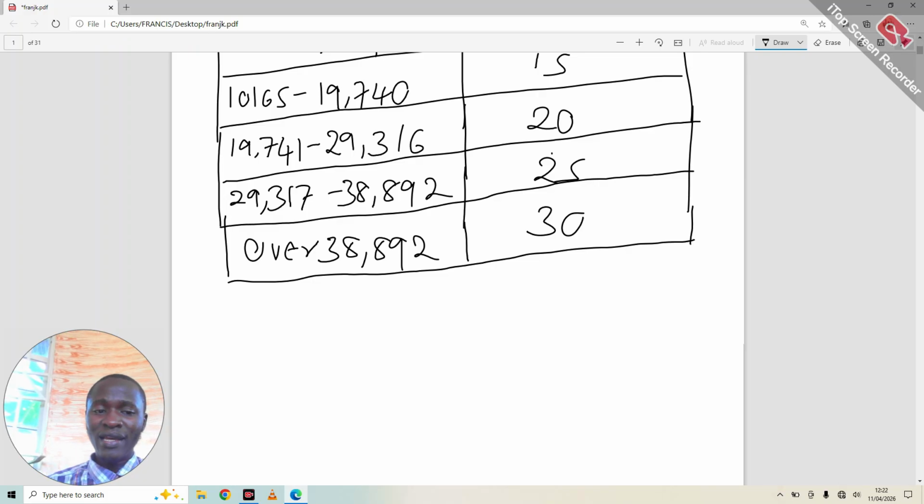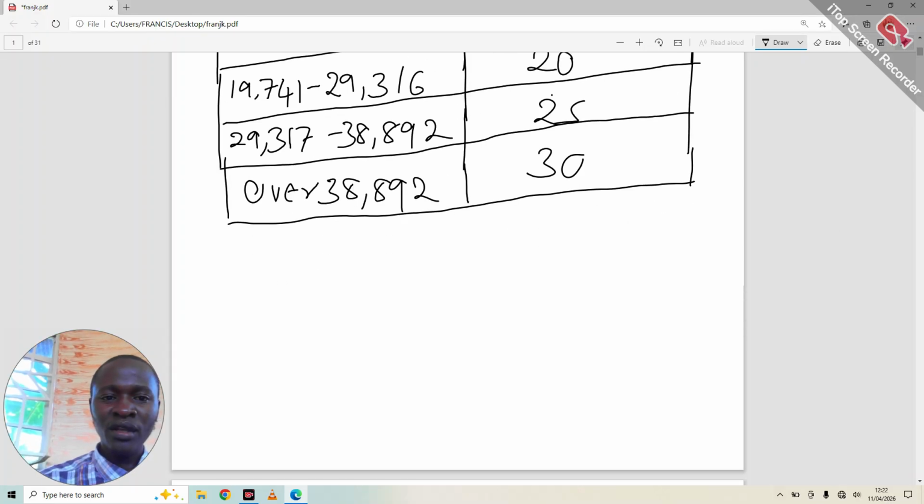In some cases, an examiner won't provide you the taxable income. But in this question, the examiner has already given our taxable income to be 33,000. Remember, I told you that taxable earnings is the same as taxable income. So you don't have to be confused, yes, they are the same.